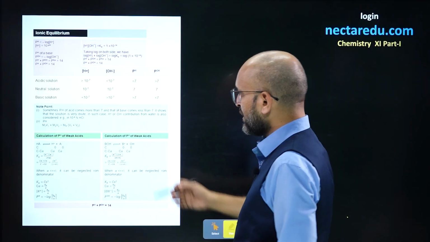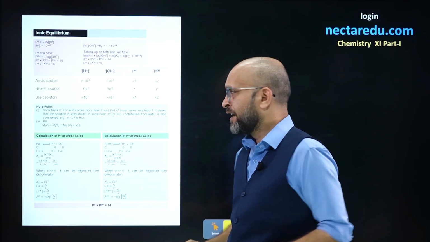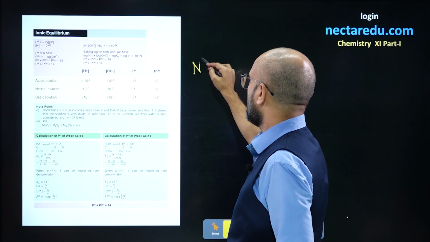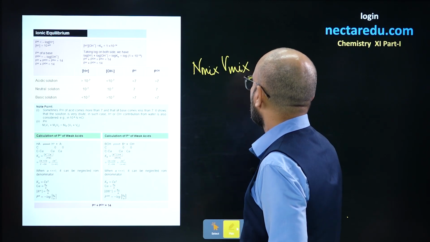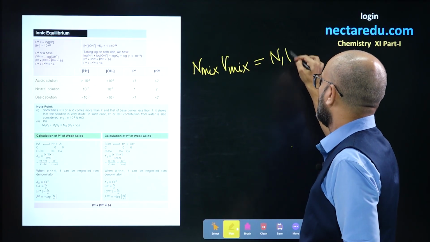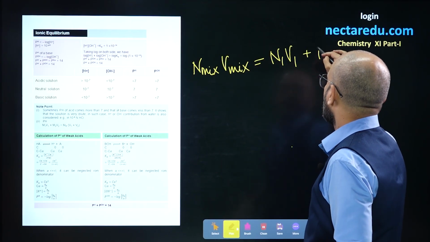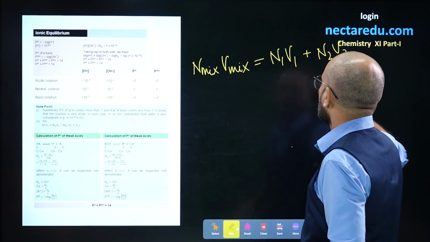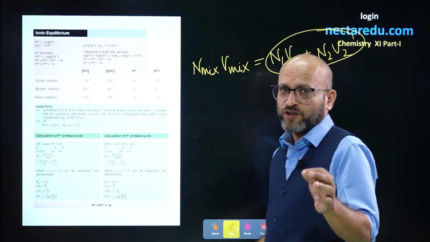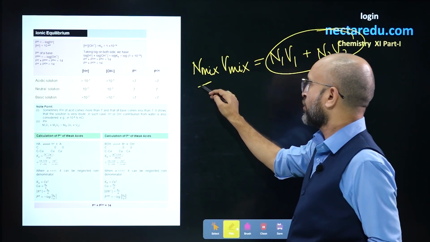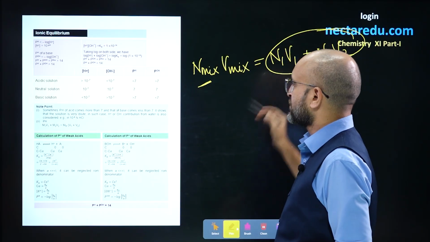Alright. And further, we have, as you know, normality of a mixture into volume of mixture equals normality into volume for one solution plus normality into volume for the second solution. This is the formula. When you have a mixture of solutions, you will be calculating normality of the mixture by using this formula.